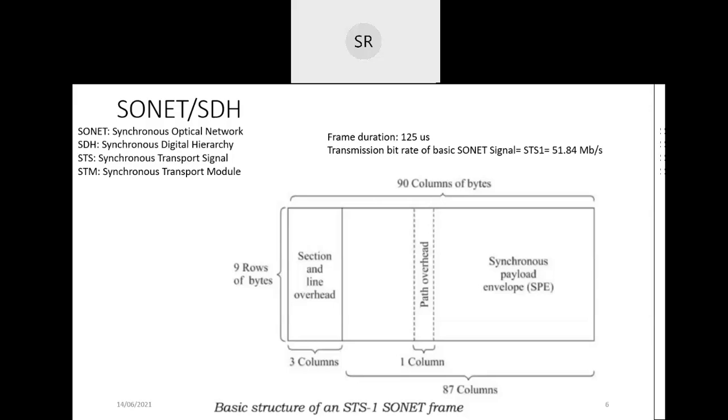In SONET, the 3 columns consist of section and line overhead. Section is used to connect adjacent pieces of equipment, and a line is a link that connects two SONET devices.